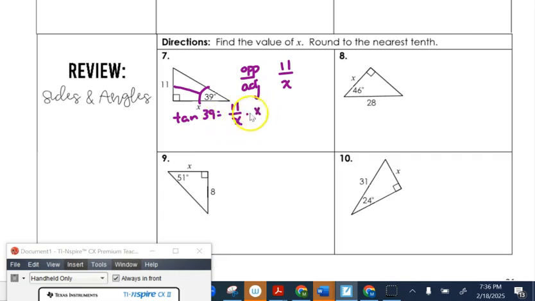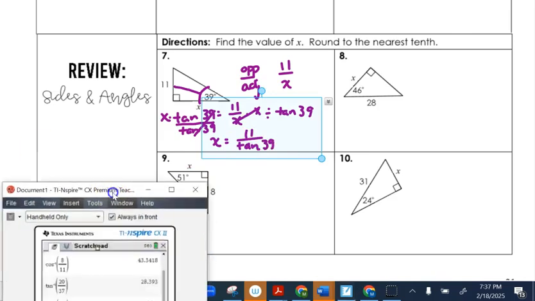We multiply both sides by x, so this one crosses out, and then we divide on both sides to cancel that out. This is going to look messy, but I'll rewrite it one more time. So we have this divided by this. Let's get the calculator out.